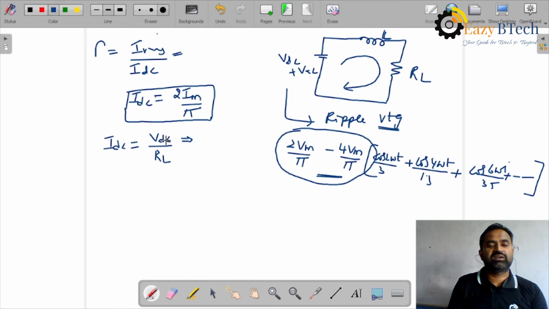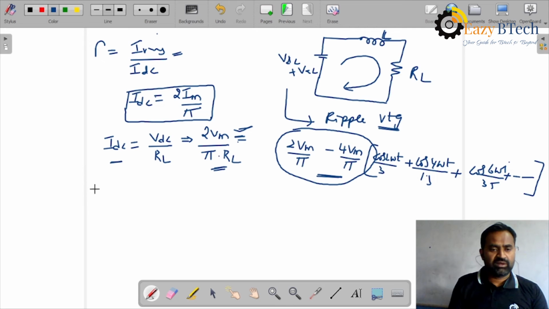VDC is nothing but 2 Vm by pi. We write IDC in terms of Vm: IDC is equal to 2 Vm by pi RL, because IDC is equal to VDC by RL, and VDC is nothing but 2 Vm by pi. We will get this expression.